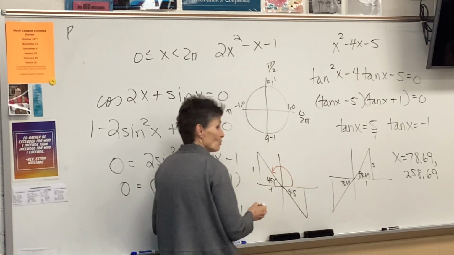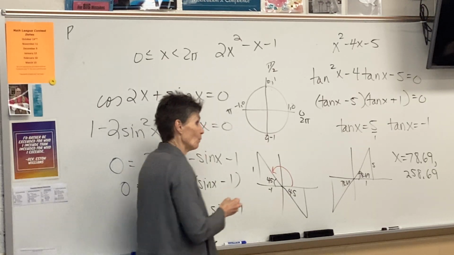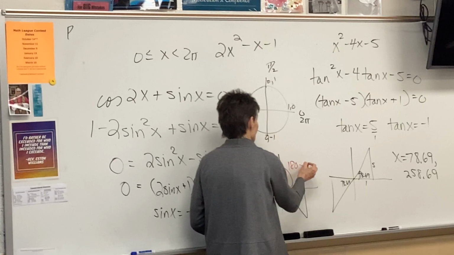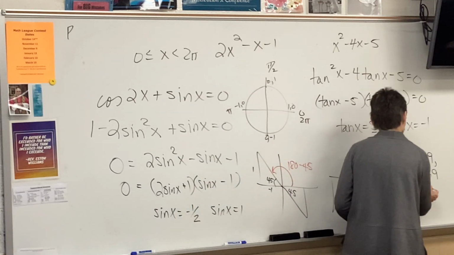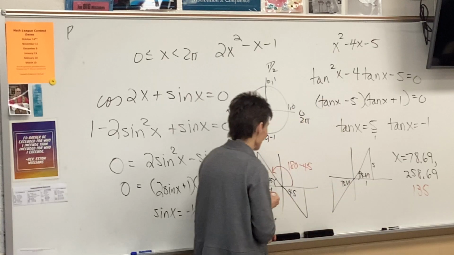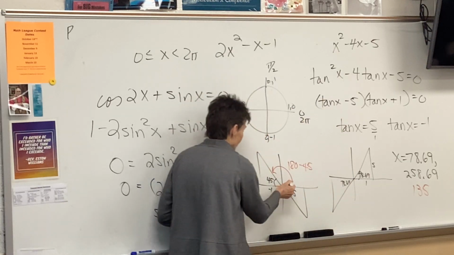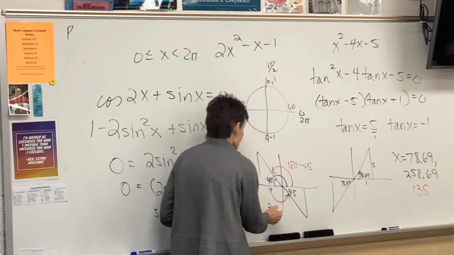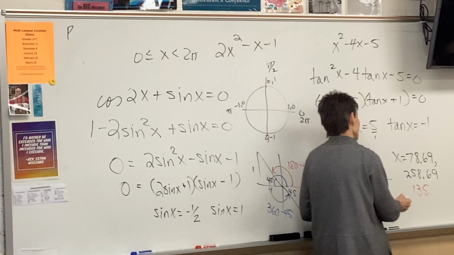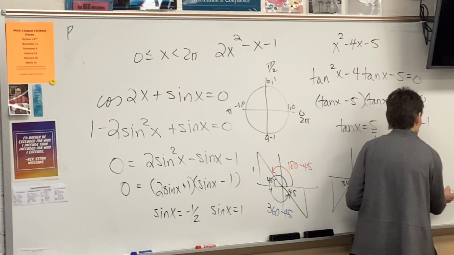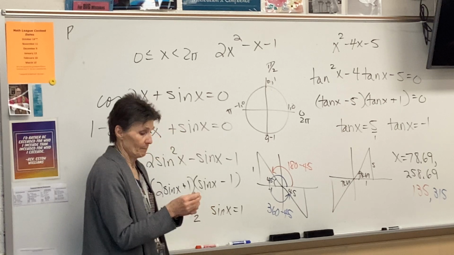What's that one? What's the red one? 180 minus 45, which is 135. And then how about the blue one? 360 minus 45, which is 315. And there are the answers to the problem.